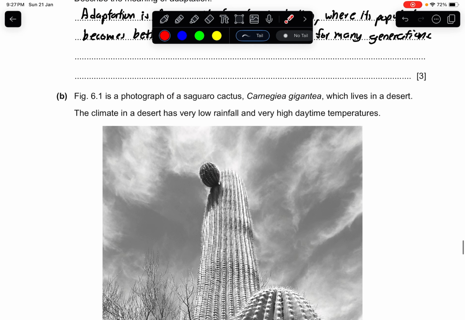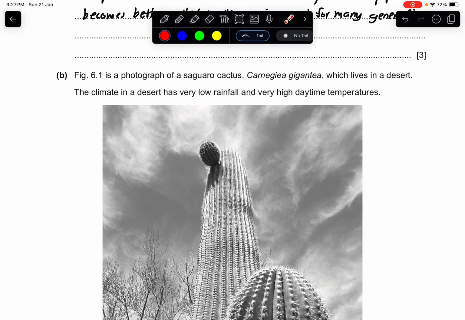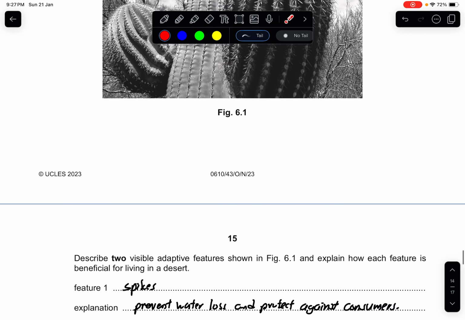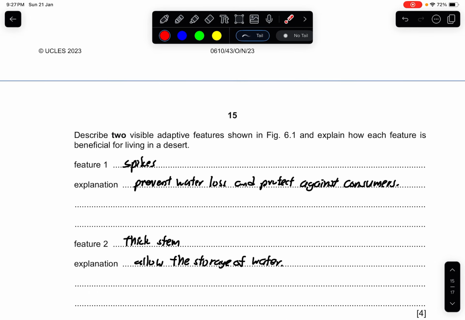And B, figure 6.1 is a photograph of a saguaro cactus, Carnegiea gigantea, which lives in the desert. The climate in the desert has very low rainfall and very high daytime temperatures. Describe two visible adaptive features shown in figure 6.1 and explain how each benefits the cactus in the desert.